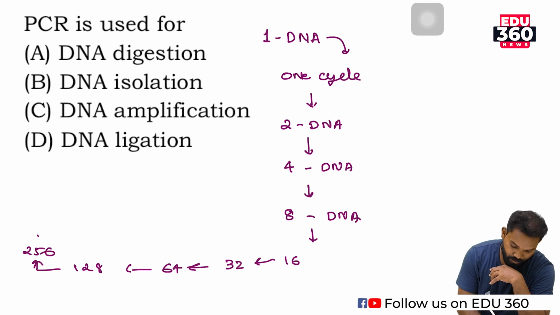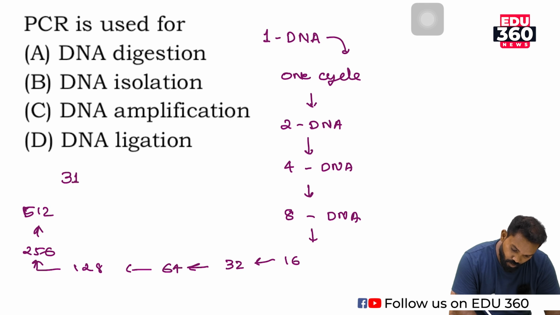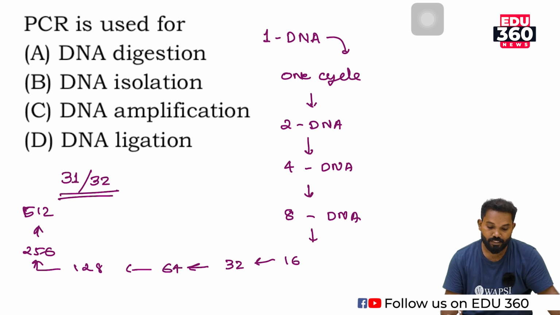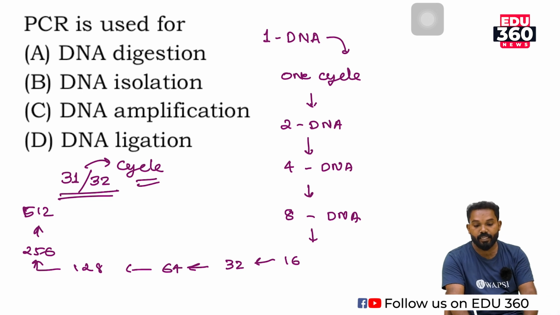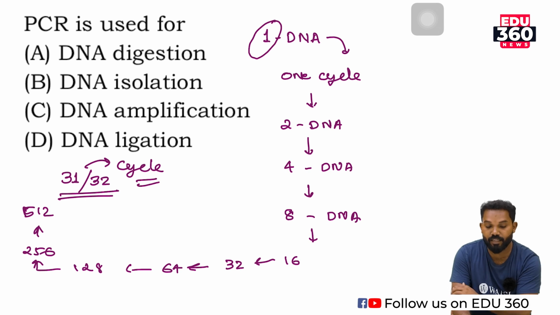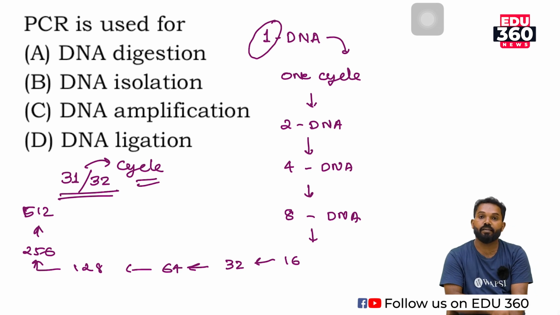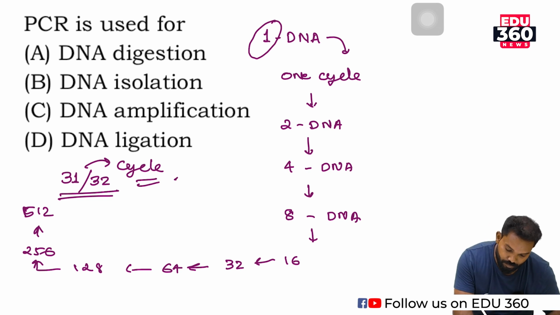Then 256. Then 512. Like this. Then after 31 cycles, the number of DNA, if we put one DNA fragment into the polymerase chain reaction PCR machine, after 31 cycles, in very little time, at least 30 minutes, we can produce 1 billion DNA.